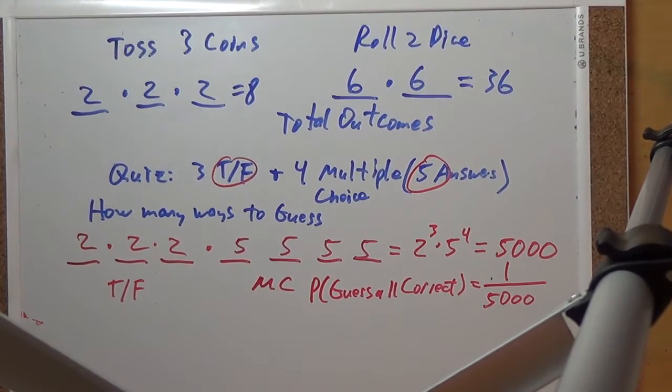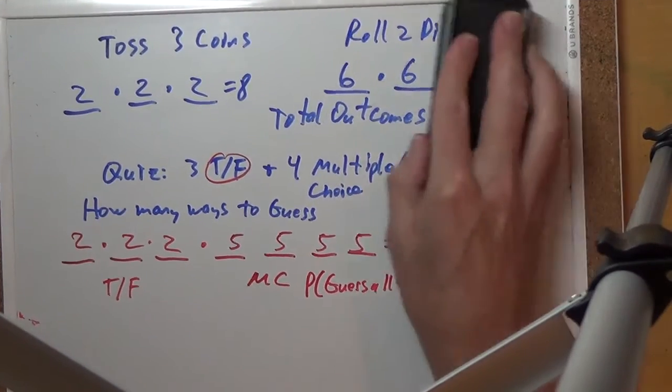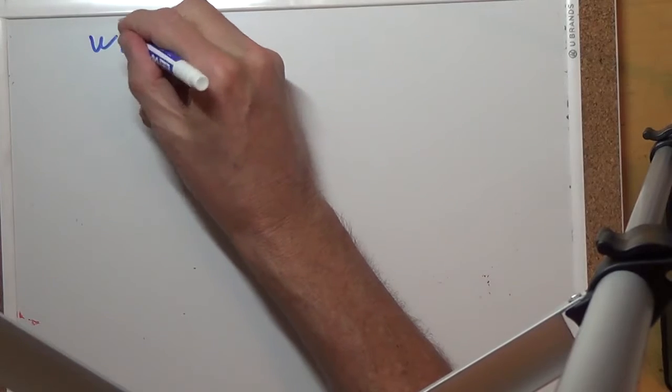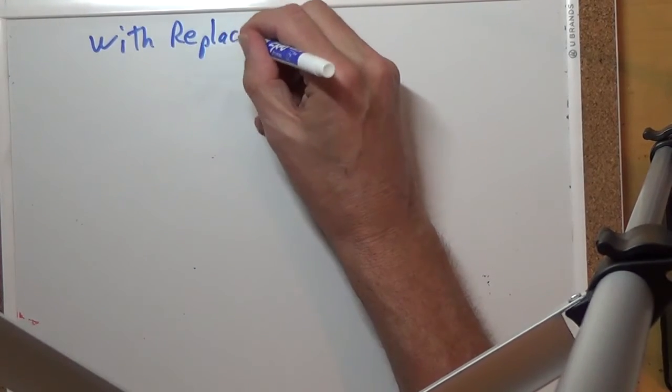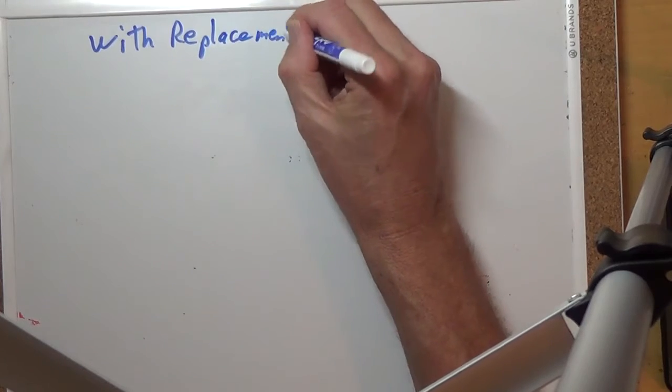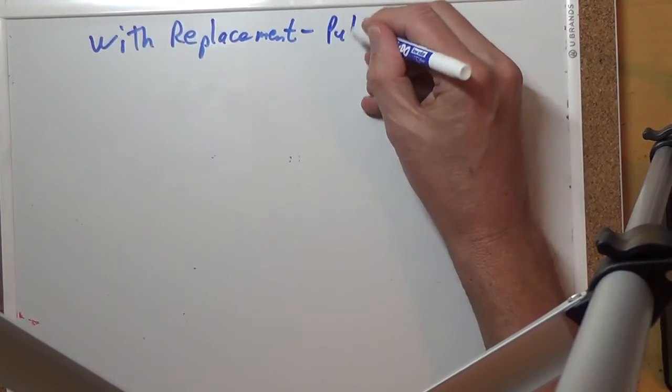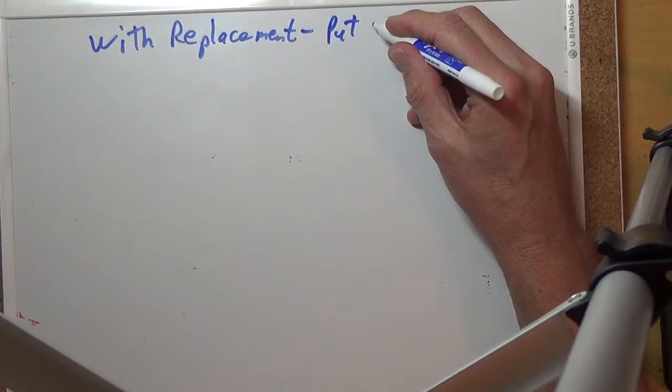Okay, I'm going to finish this video by looking at with and without replacement. With replacement basically says you put stuff back. Just think of putting things back in the hat.